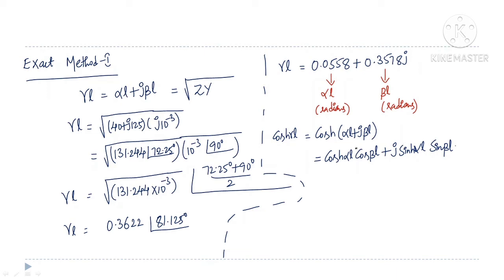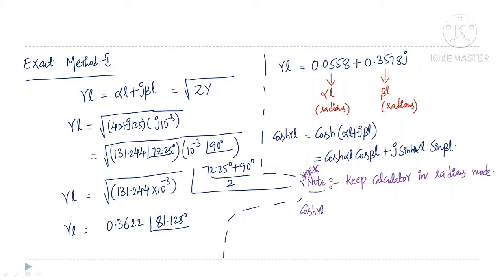So the important note here is you need to keep the calculator in radians mode while you are calculating cosh gamma L value.